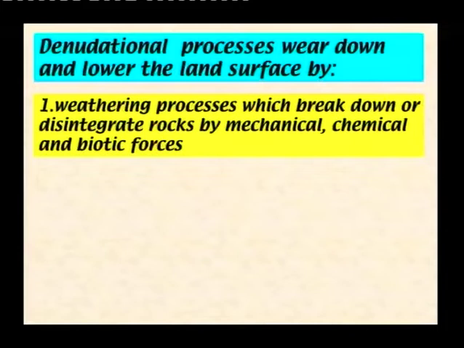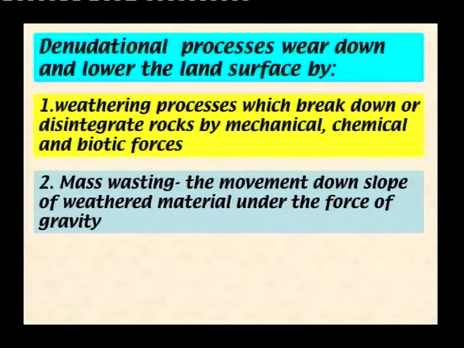The other important process which comes in with denudation is that of mass movement or mass wasting. Mass movement or mass wasting is simply to do with the movement downslope of weathered material. But this is to do mainly with the force of gravity.